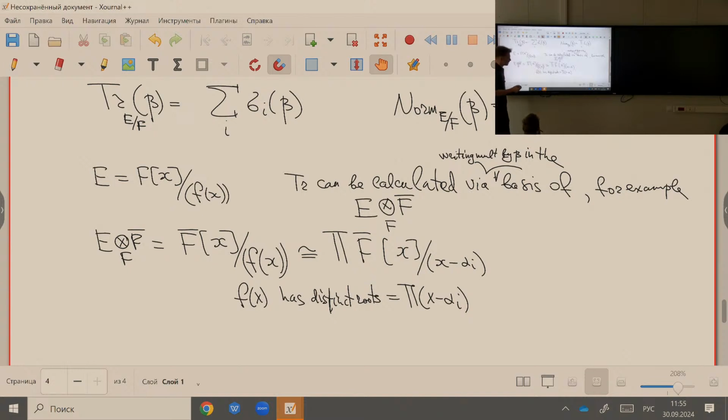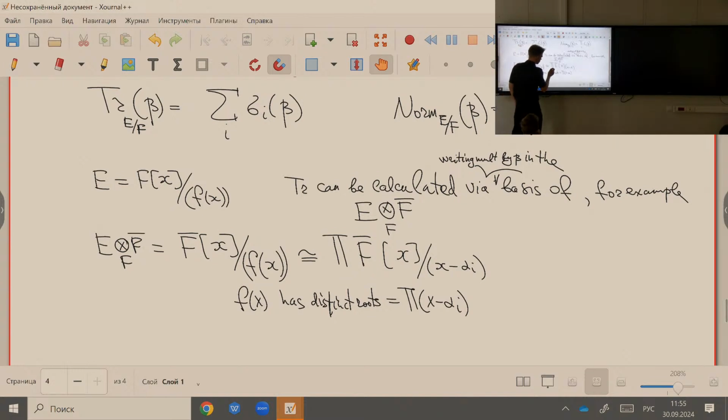And notice that this product of algebras, somehow it is a little bit stupid to write it like this, because this is just saying that x is equal to alpha_i, where alpha_i is already an element of f tilde, so this is just f to the power n, where n is the degree.